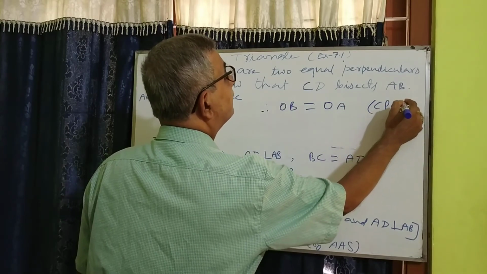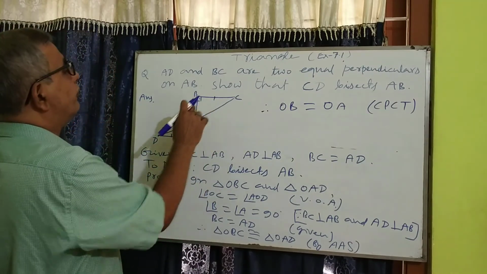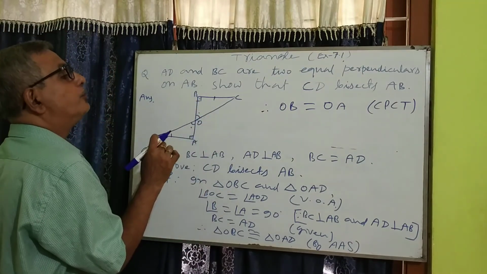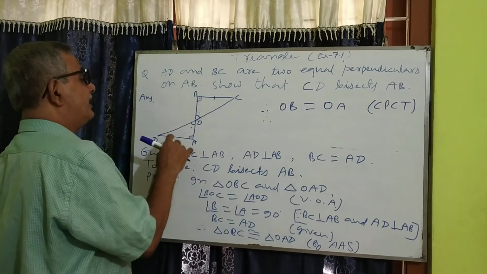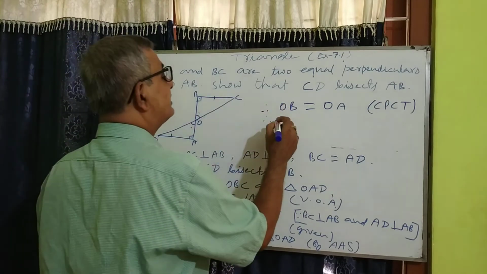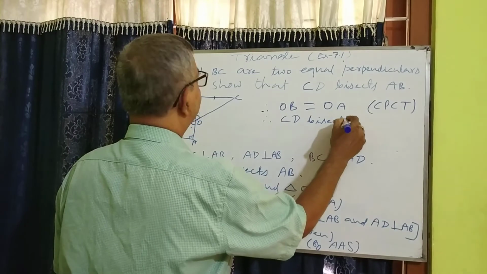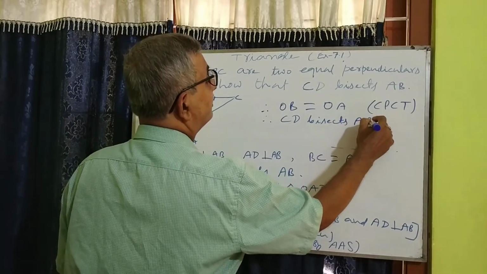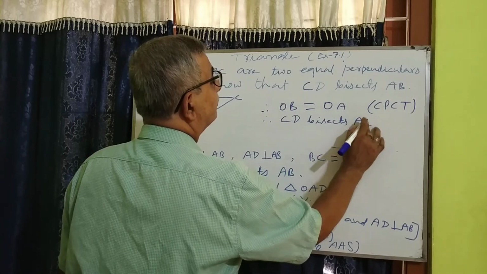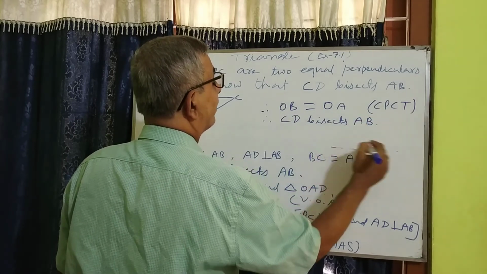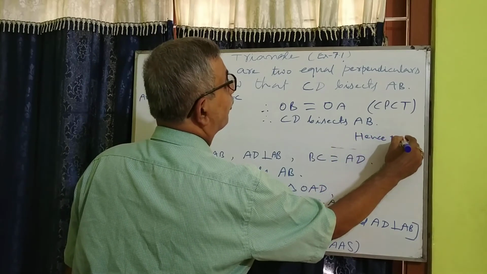CPCT, means corresponding parts of congruent triangles. So OB is equal to OA you are getting. That means, when these are equal, CD bisects AB. Hence proved.